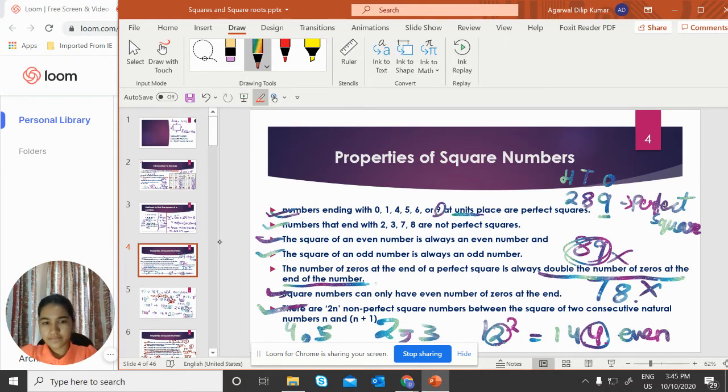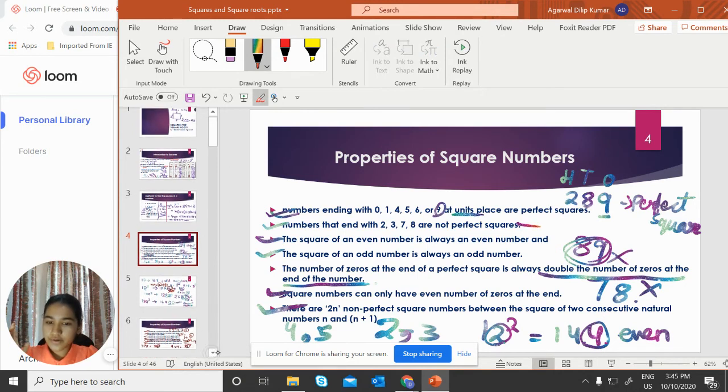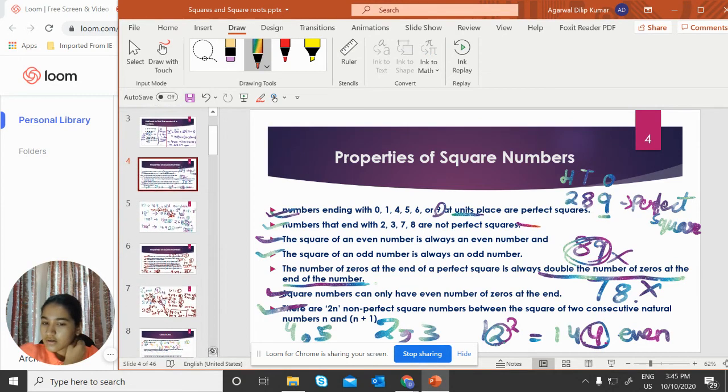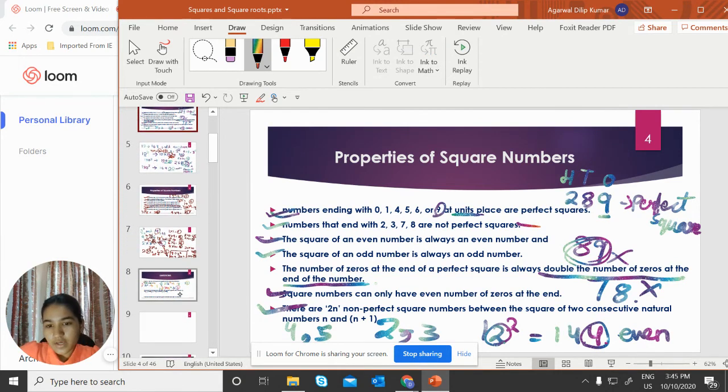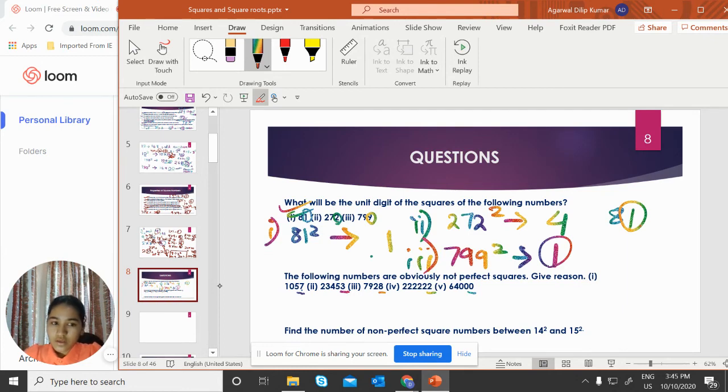Numbers ending in 9 may or may not be perfect squares, but 2, 3, 7, 8 are obviously not. This is true, it has no options. If the number ends with 2, 3, 7, 8, then of course it is not going to be a perfect square. So what will be the reason?